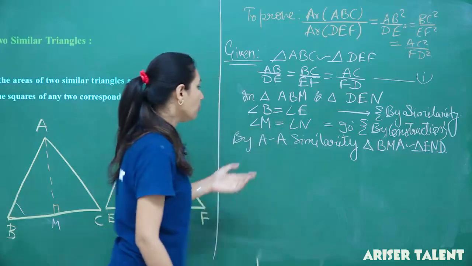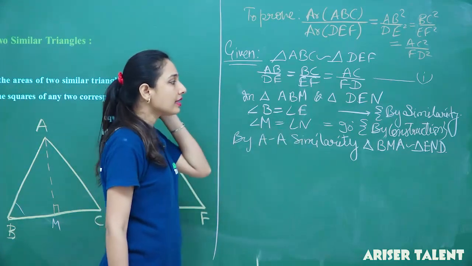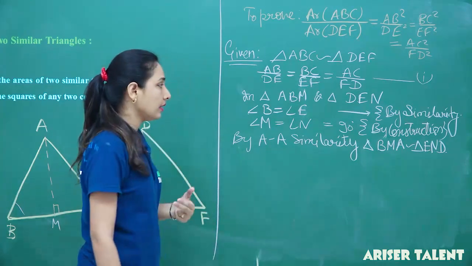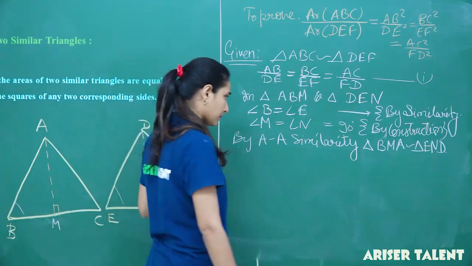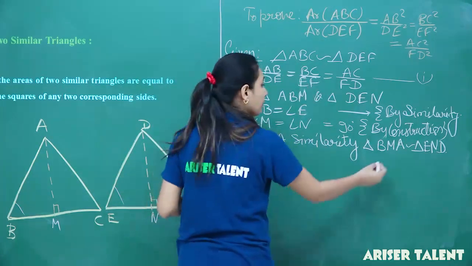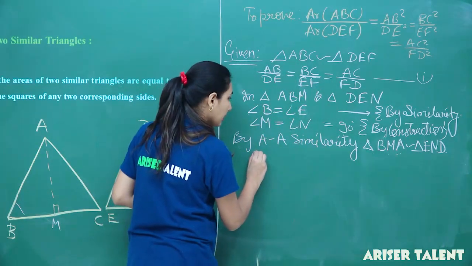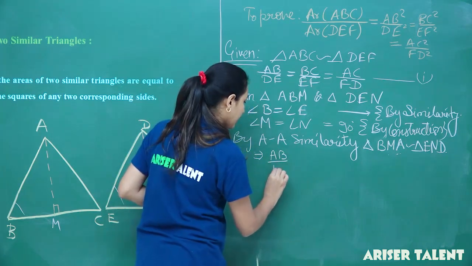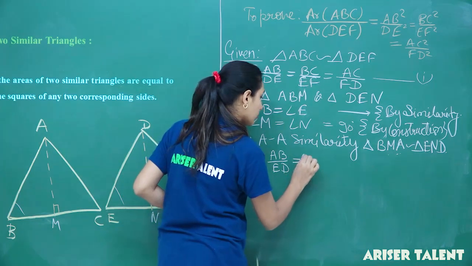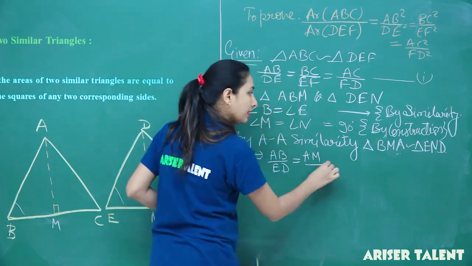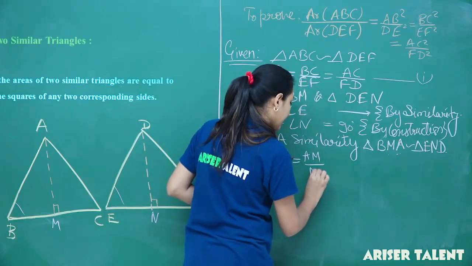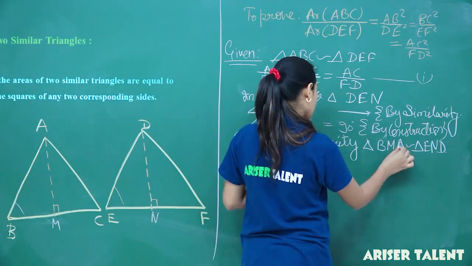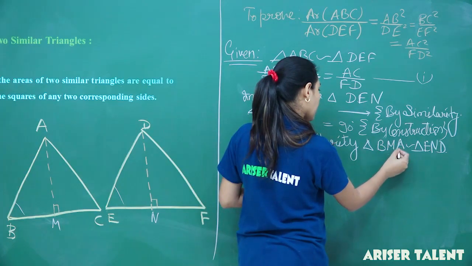Okay students, so if these two triangles are similar, we have to take this AM and this DN in our equation. So we can write from there that AB by ED will be equal to AM by ND, will be equal to BM by EN.